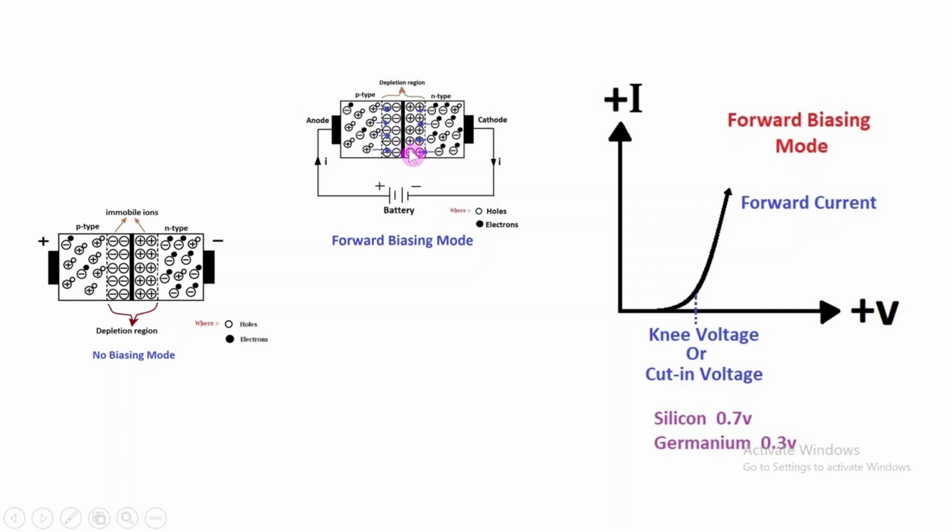In silicon, this potential is about 0.7 electron volt. So in order to make the electron cross this potential barrier, we have to provide 0.7 electron volt to this electron.